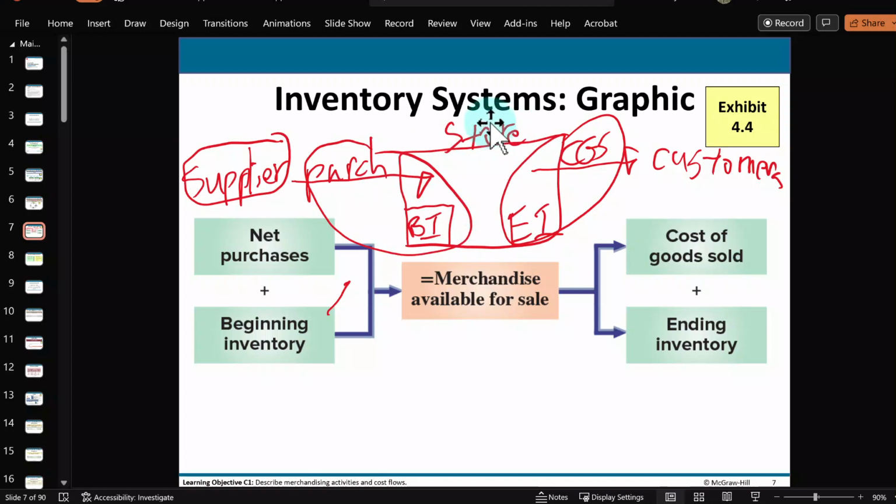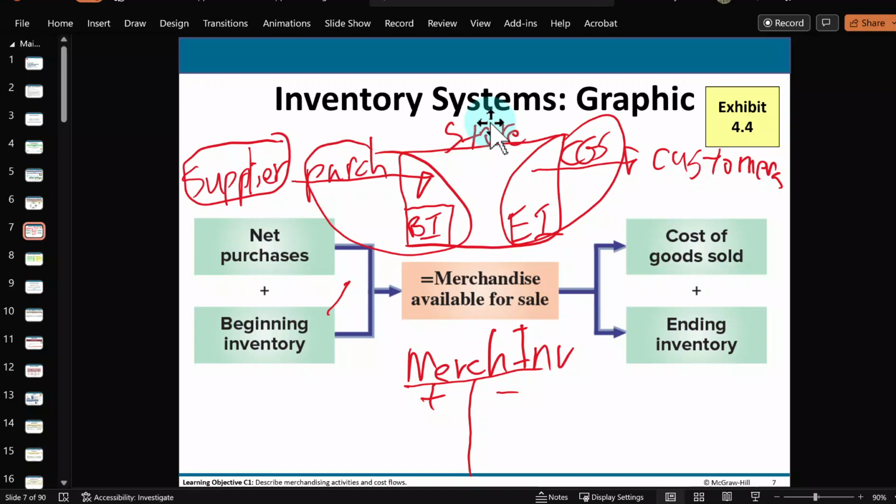So let me set up the T account for our new asset account called merchandise inventory. We know the left side of the T account is a debit. And in the case of an asset like inventory, that's the increasing side. And when we reduce the asset, we record the amount on the credit side.